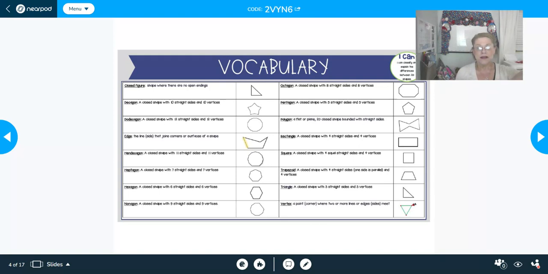If you notice, each of these shapes has multiple vertices. And if you really pay attention, if it has 3 straight lines, it has 3 vertices. If it has 4 straight lines, it has 4 vertices. However many lines it has connecting it, that's however many vertices it has. Pay close attention to that, guys.